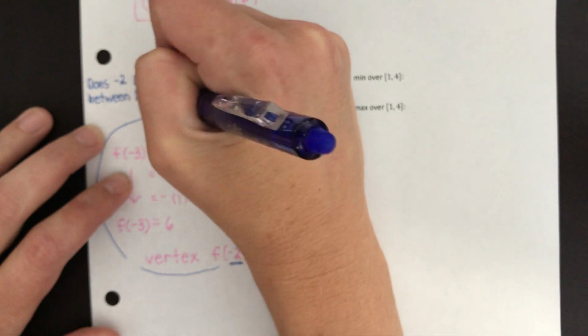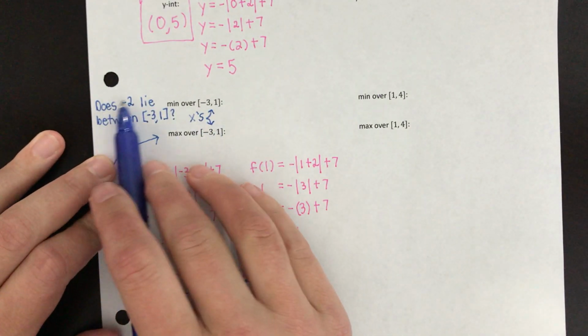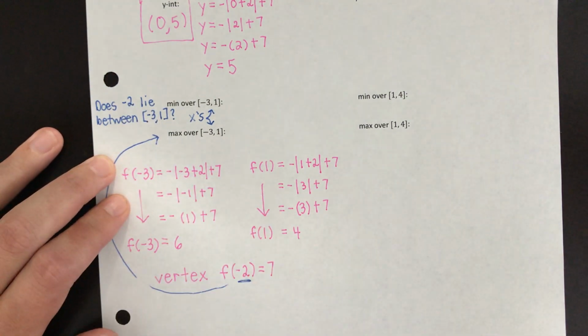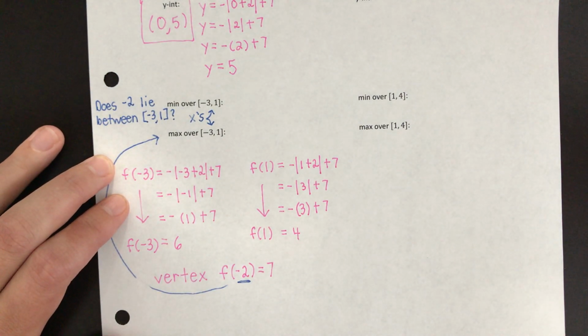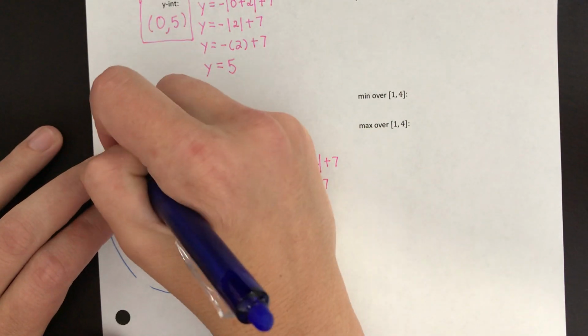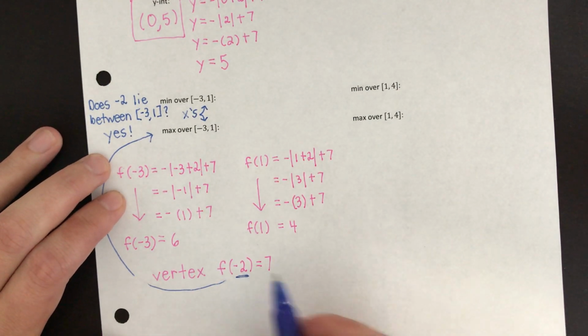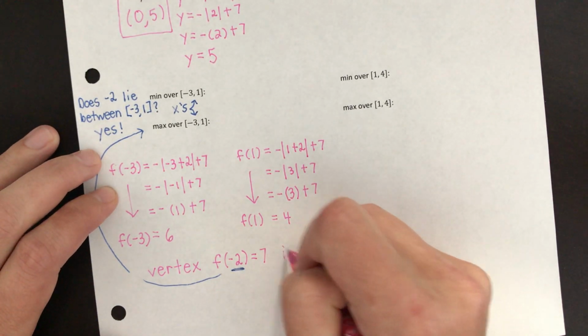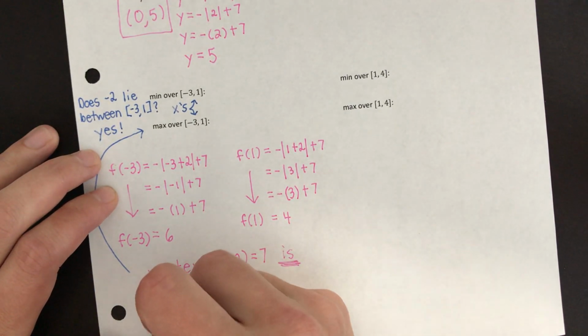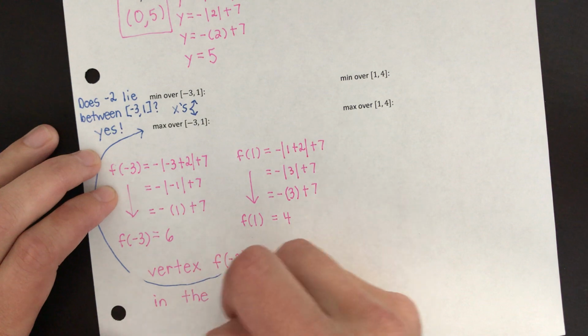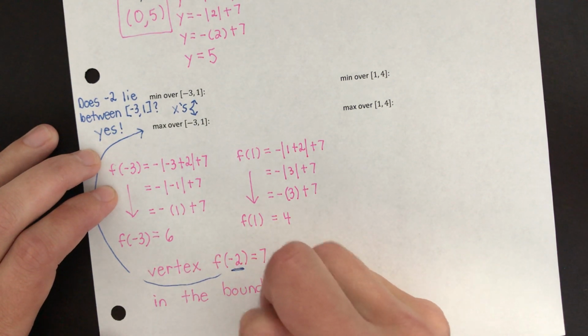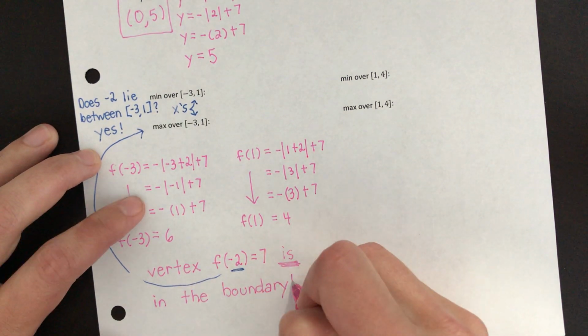Those x values are the boundary. Does -2 lie between -3 and 1? What's the answer to that question? Yes, it does. So that means that the vertex is in the boundary.